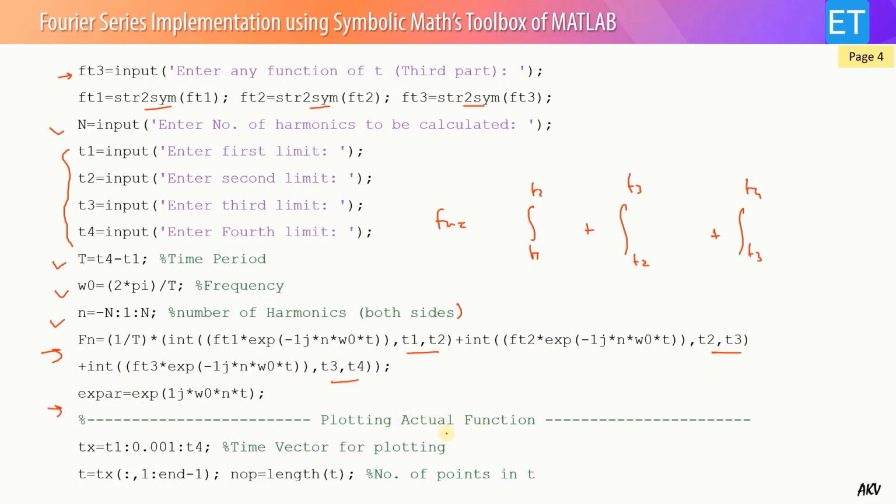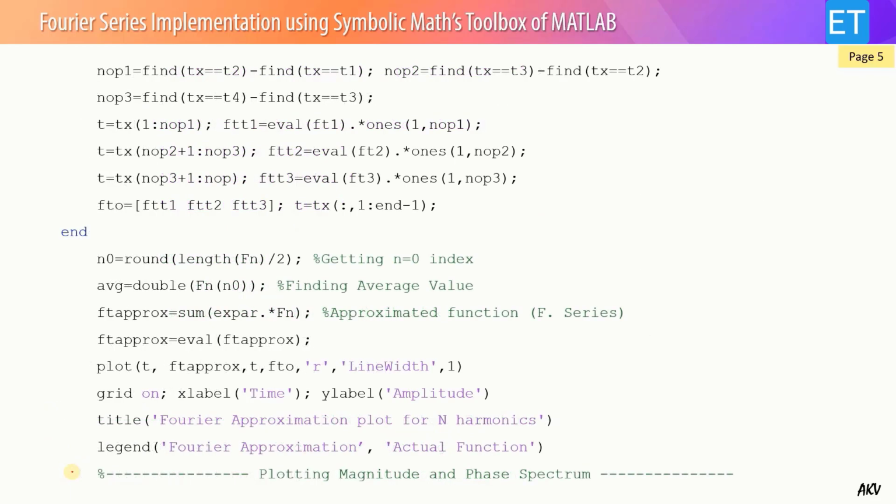So now plotting your actual functions, again defining the time vector. So everything is done to plot your input vector, and again we are getting the average value, and then we are getting the approximated function. I mean your ft, approximated ft with the n number of harmonics.